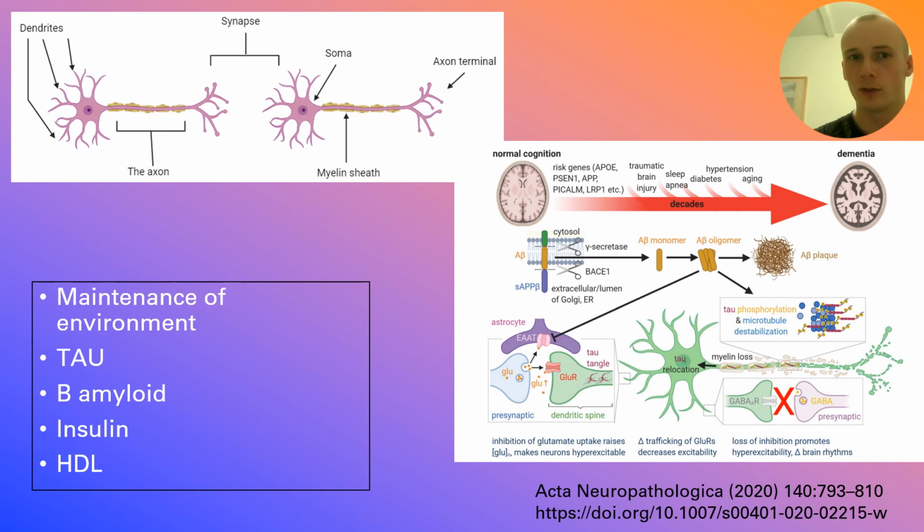So when we move on to amyloid beta, it is basically a metabolite. It is originally something called amyloid precursor protein, or APP for short. And this amyloid precursor protein is used in many processes, such as cell growth, cell signaling, and synapse formation.